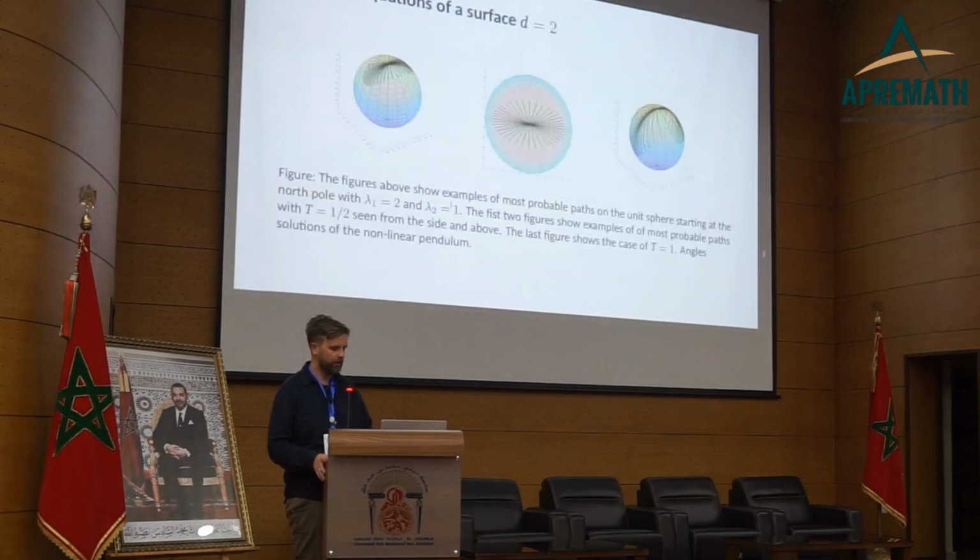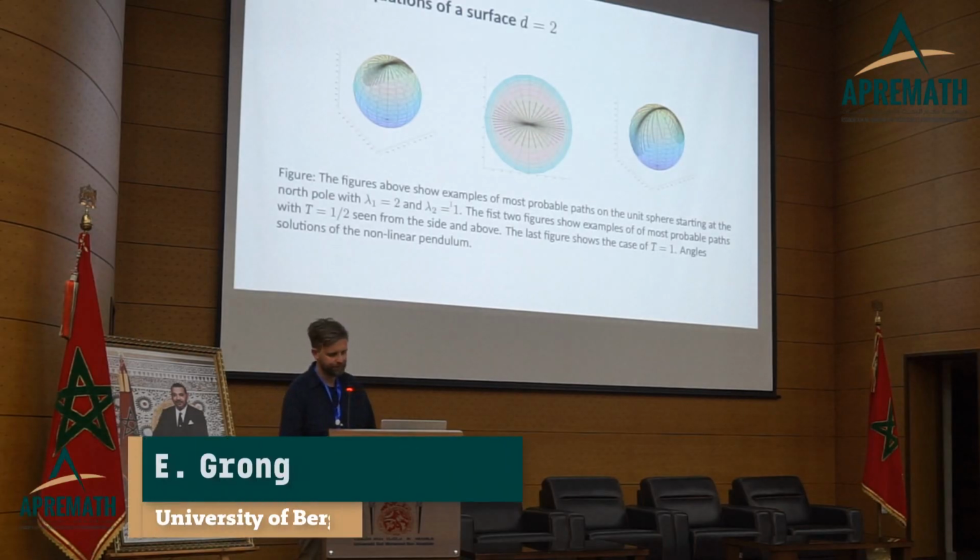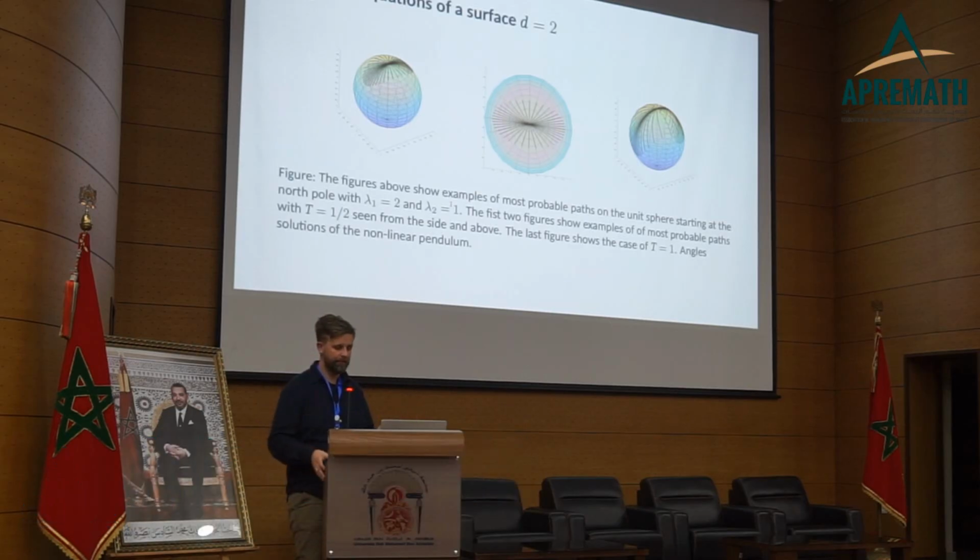And I'll show you what it looks like in one example. Here we have the two-sphere, and on the two-sphere we can actually solve this equation explicitly. I start off at the North Pole, and I have a covariance matrix which is 2 in that direction.